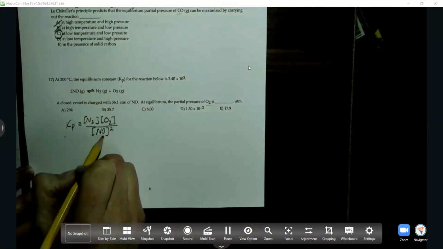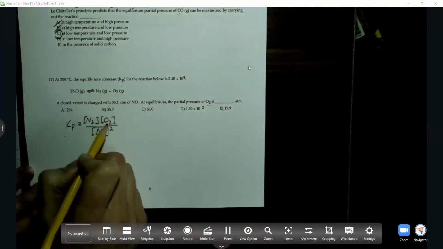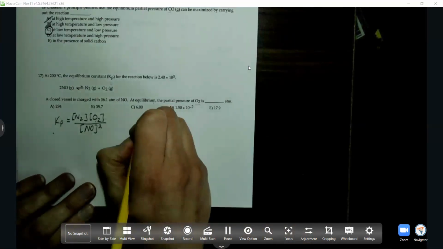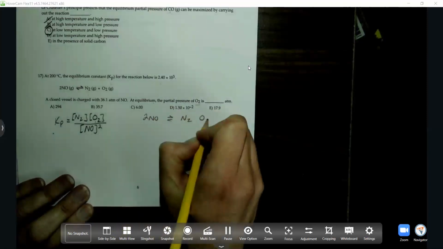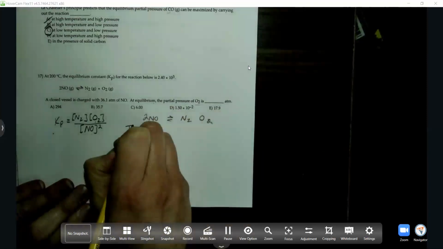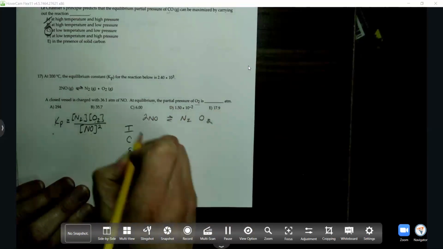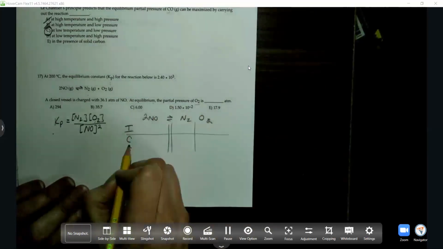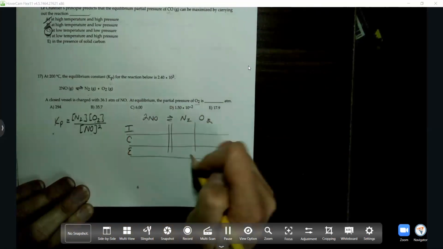So we know our Kp, we know what we started with for NO, but we want to find the equilibrium concentration of O2. So in order to do that, we're going to use an ICE box. 2NO, N2, O2.